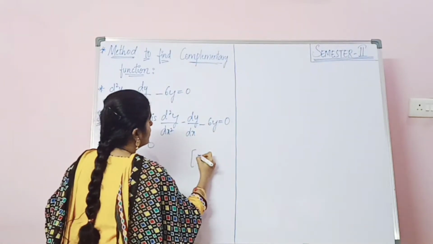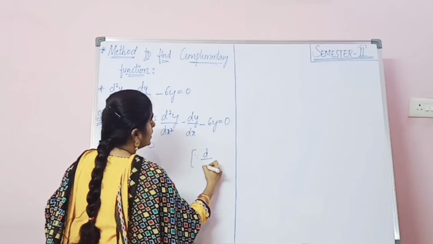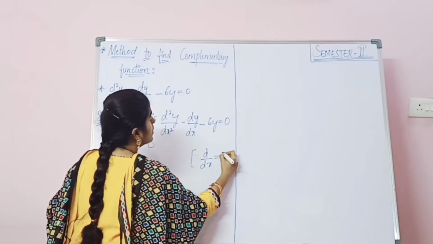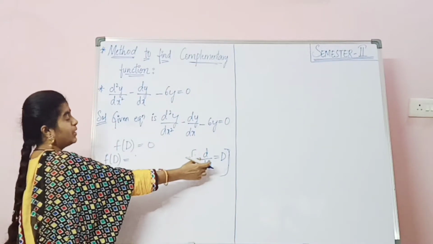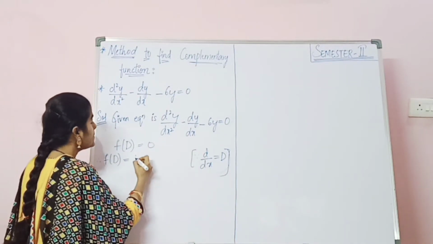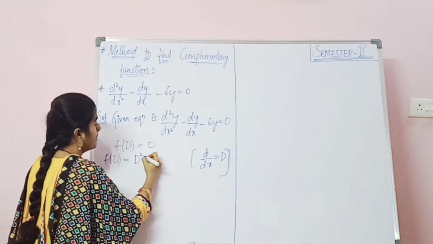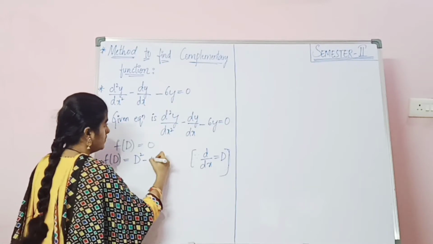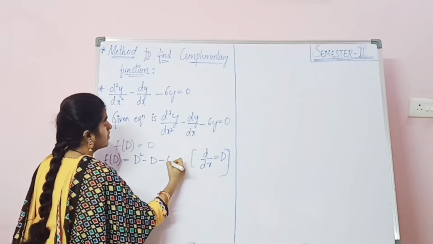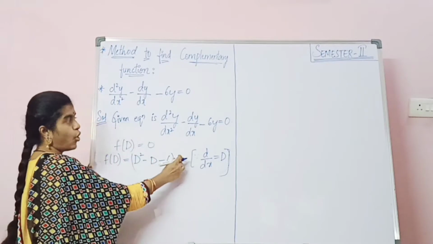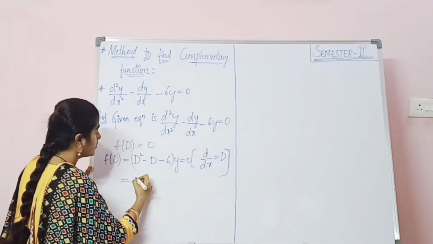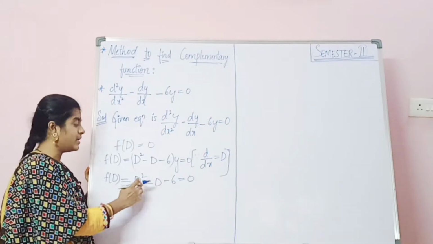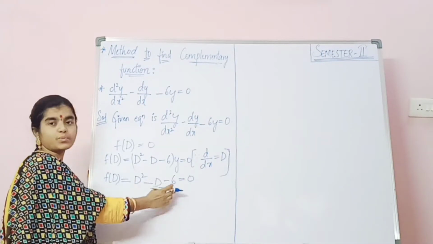Since d by dx equals D, we can write D square minus D minus 6, taking y as common, equals 0. So f of D equals D square minus D minus 6, which equals 0.